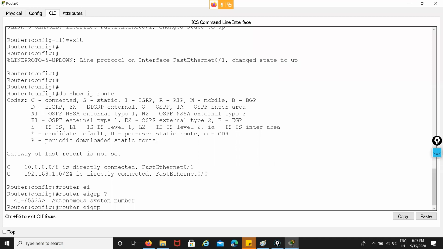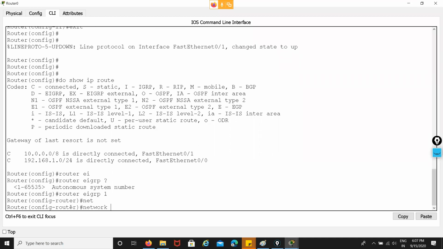So 16 bits means it carries values from 0 to 65535, where 0 is not used, and we start the count from 1 to 65535. That's why I choose the first autonomous value as one. So to enable EIGRP, you have to use the command router eigrp 1.